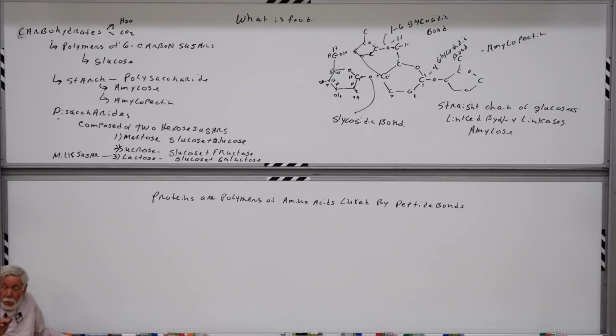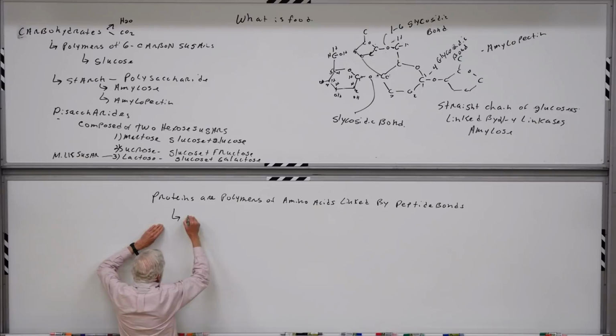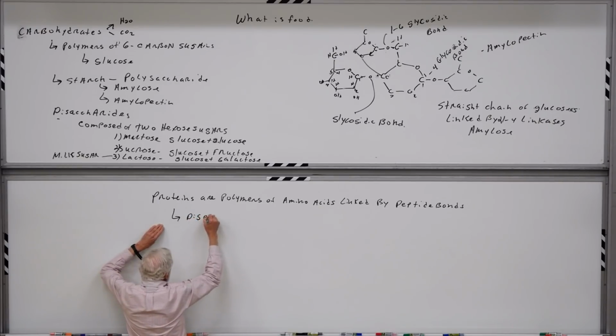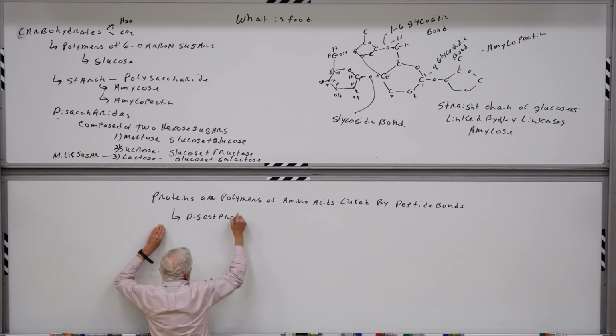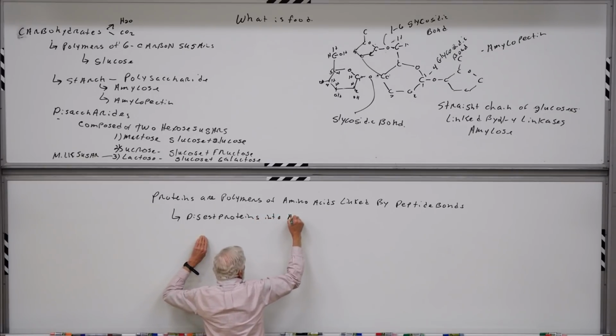We spent a lot of time describing how we form peptide bonds, how the ribosome is an enzyme, effectively, that forms those peptide bonds. We're going to run that process in reverse here. And when we digest proteins, we will digest proteins into amino acids.